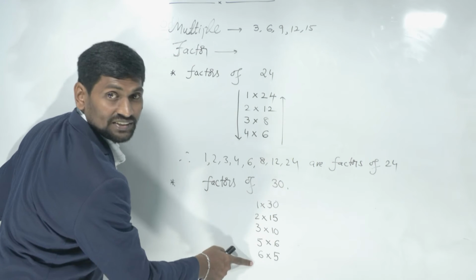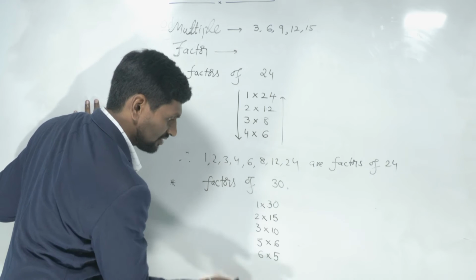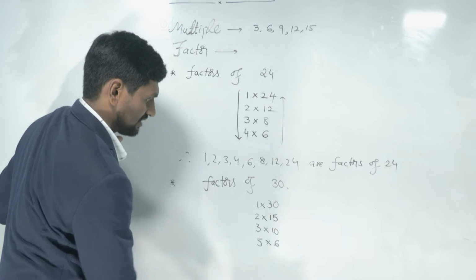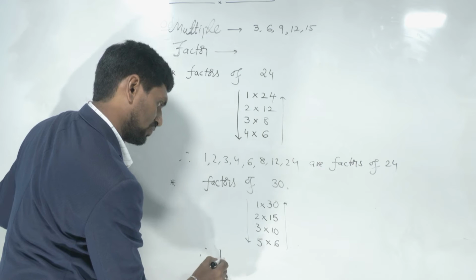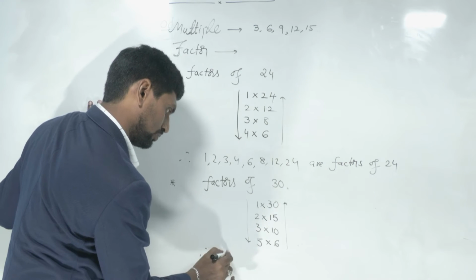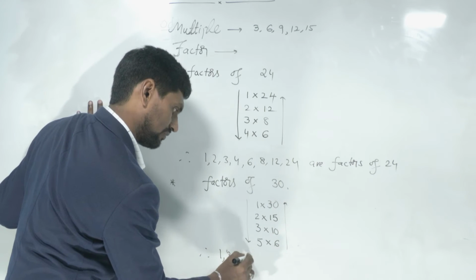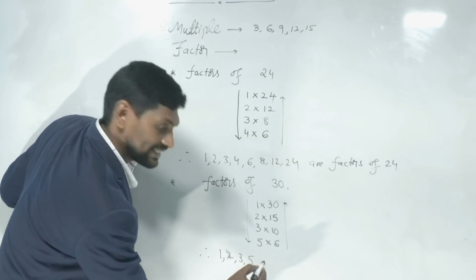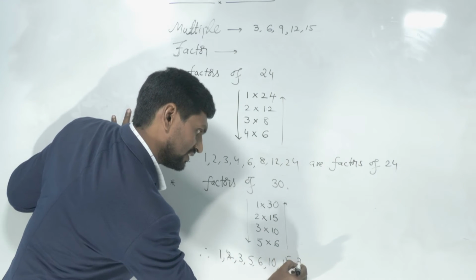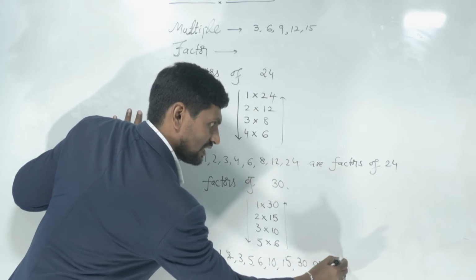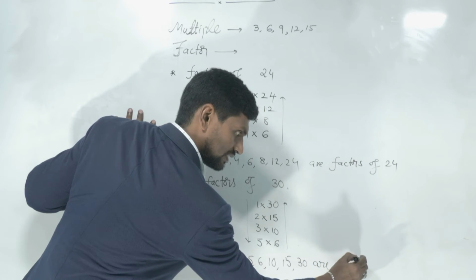See, 5 6s and 6 5s are 30. It is repeating, so we can delete this. Therefore the factors are 1, 2, 3, 5, 6, 10, 15, 30. These are factors of 30.